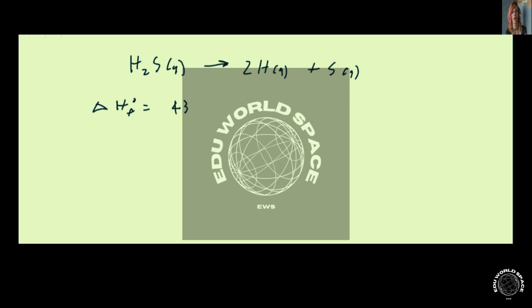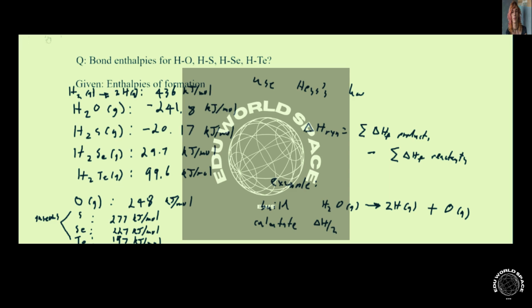So that'll be 436 kilojoules per mole, plus our sulfur, which, as we recall originally, was 277 kilojoules per mole. And then our reactants, so its heat of formation was minus 20.17 kilojoules per mole.